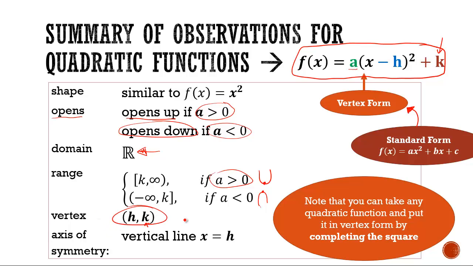So (h, k) is the vertex, and the line is x equals h. This looks a little complicated, but if you go back to the idea that this and this create the vertex, once you have the vertex, you have the line of symmetry as it depends on the x. You also have the range. If it opens up, you know it's everything from that point up. If it opens down, you know it's everything from that point down.